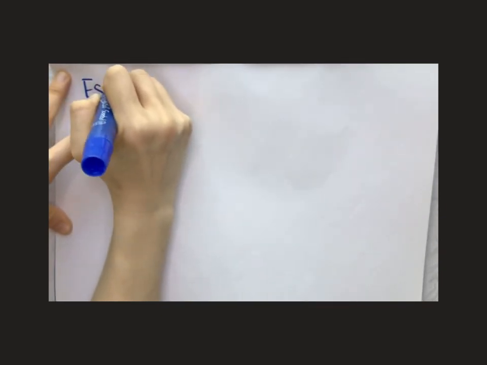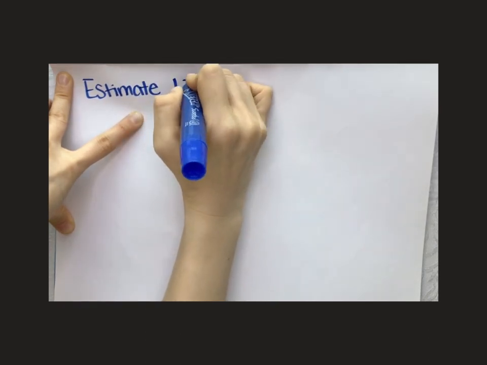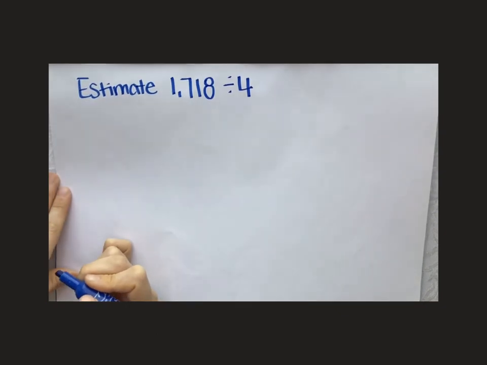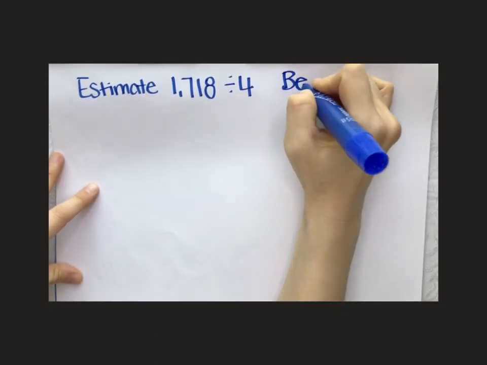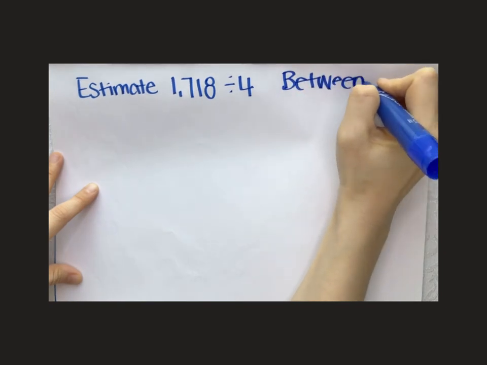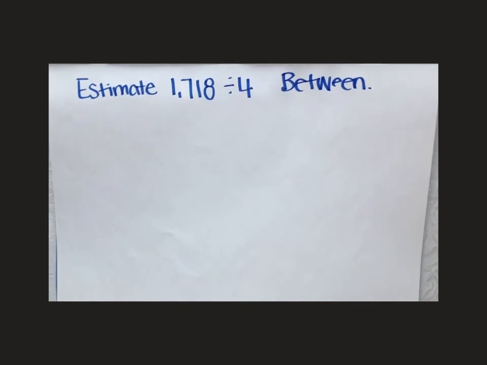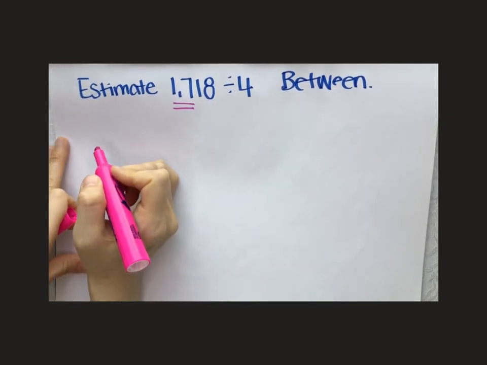Let's take a look at one more problem together. Let's estimate 1,718 divided by 4, and let's find the estimates that are in between. So boys and girls, the first thing we need to do is underline the basic facts, which is 17. And let's look for the compatible numbers.